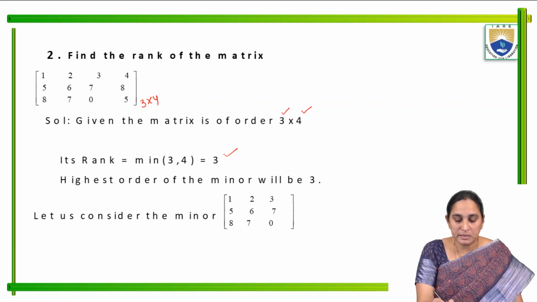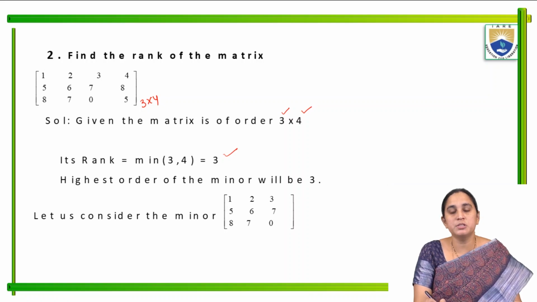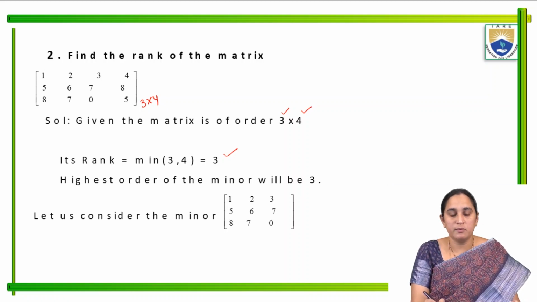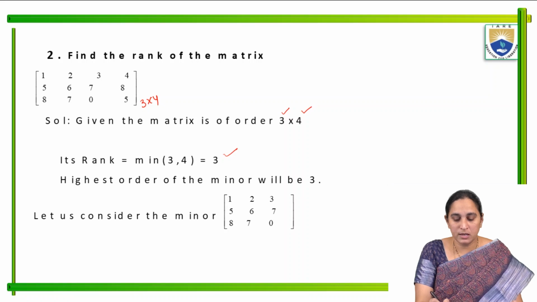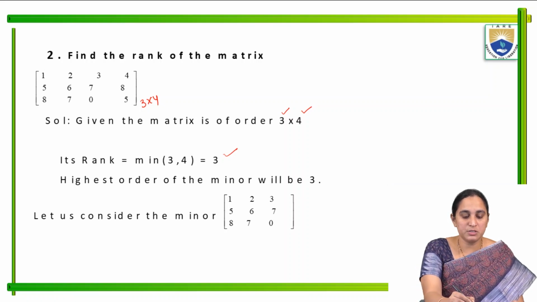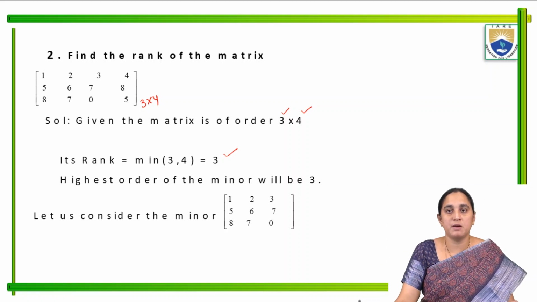Okay, now I have to test whether, if the rank is 3, the determinant is equal to 0 or not equal to 0. We will test for that. For that, let us consider the minor of order 3 by 3. From the formula here we know that the rank is the minimum of 3, 4, which is 3. From the given question I will take a 3 by 3 matrix.